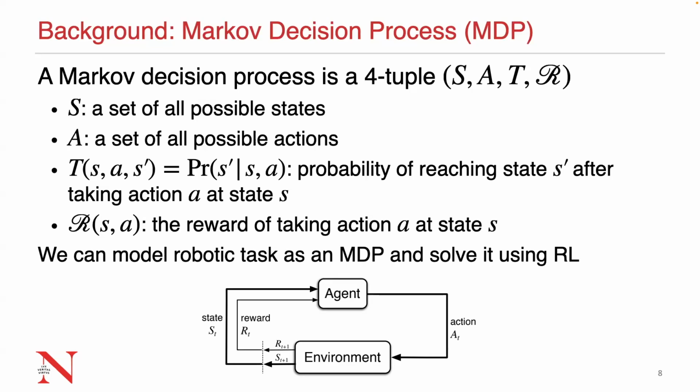You have an agent that interacts with the environment. The agent will take an action in the environment and receive the next state and the reward for the action. And then you keep those data in your replay buffer, and then you train from your own experiences. And this is reinforcement learning.